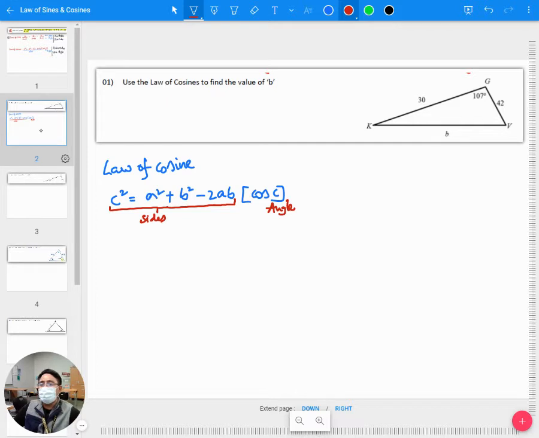In the given question, it is clearly mentioned that you are asked to use law of cosine.